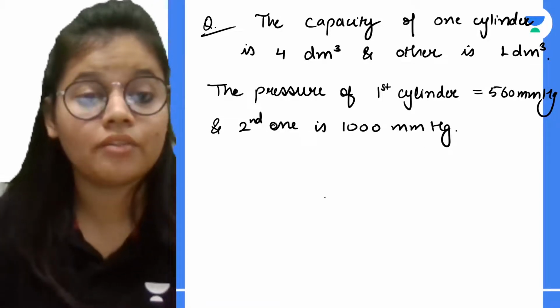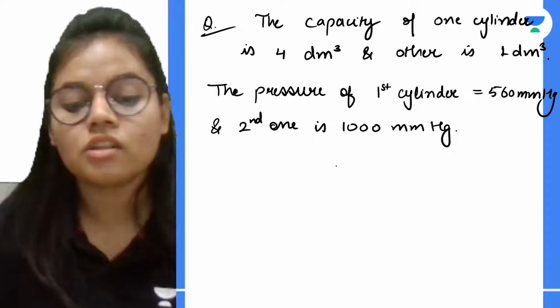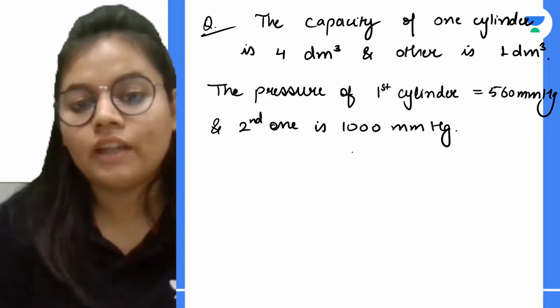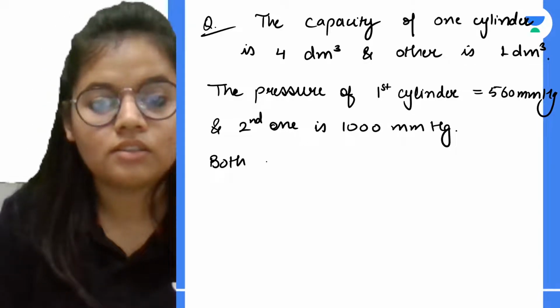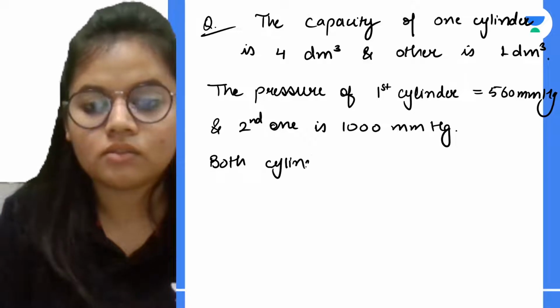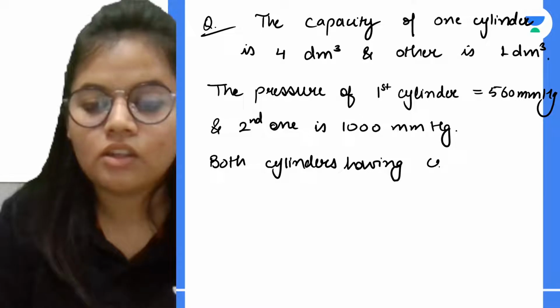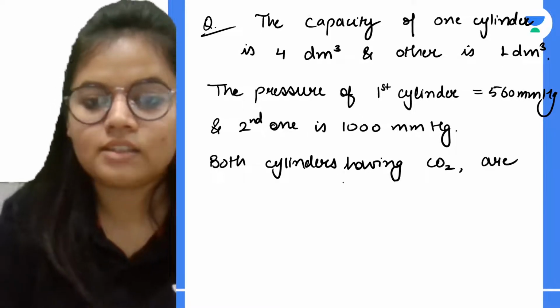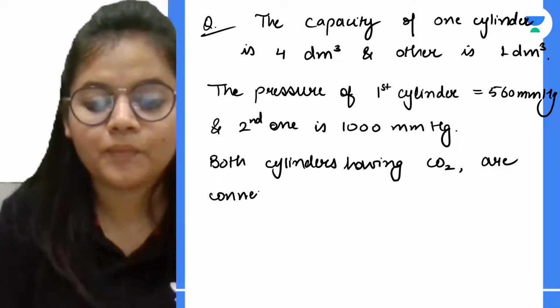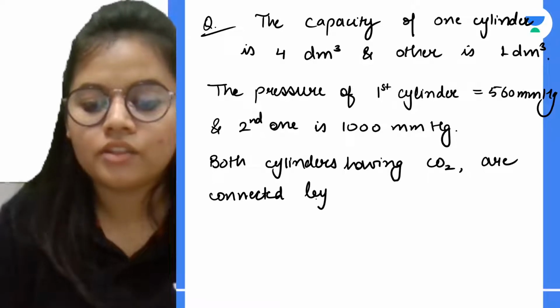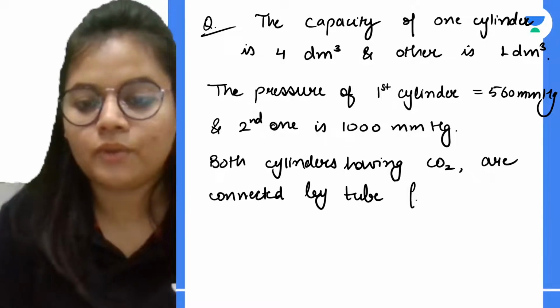Again the two values are given, the pressure 1 and pressure 2. Now both cylinders having CO2 are connected by tube fitted with a tap.